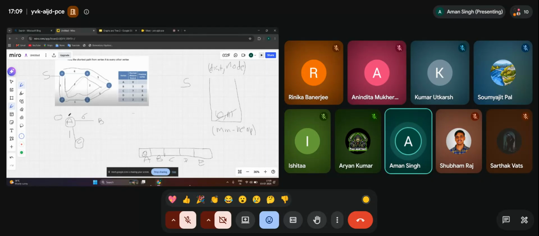So now we visit all the adjacent nodes and check that we know that we are reaching this node with a cost of 0. So we can reach this node by traversing through this edge, and 0 plus 6 will be 6. So we can reach this node by investing a cost of 6. Okay.